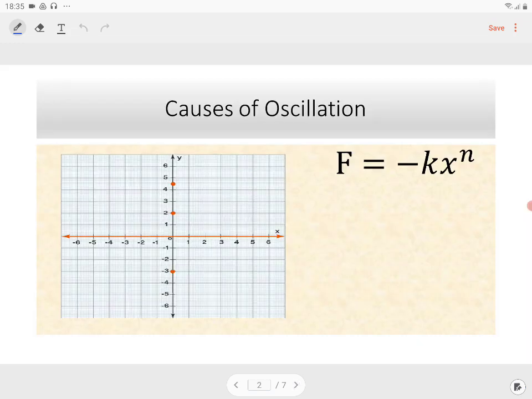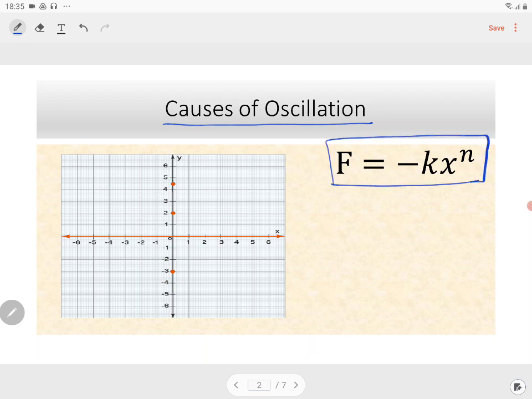Once we understood what is oscillatory motion, periodic motion and vibratory motion, let us see what are the causes for oscillation. What makes a particle oscillate? See children, suppose the force acting on the particle is F = -kx^n, where n is an odd integer: 1, 3, 5 and so on.